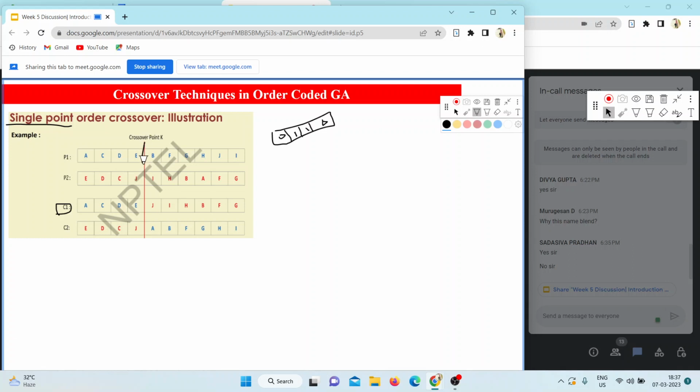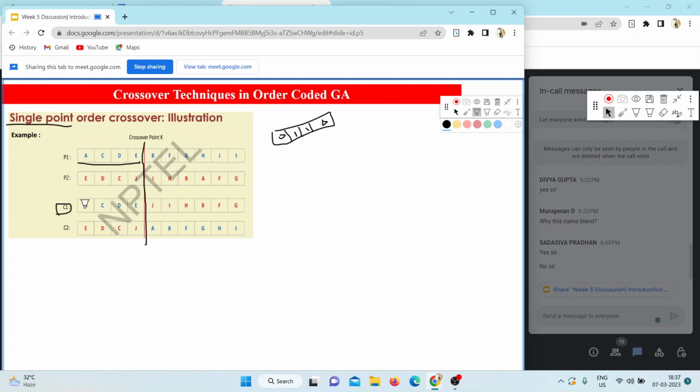You put a stationary bar after any bit, and then create the children solutions. Children one is created by exactly copying the bits of parent one up to this imaginary bar.